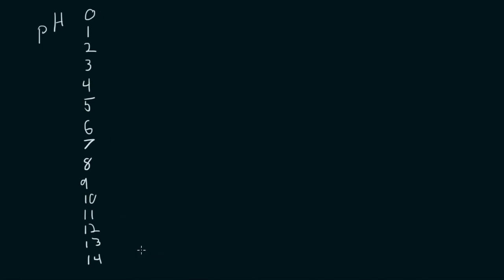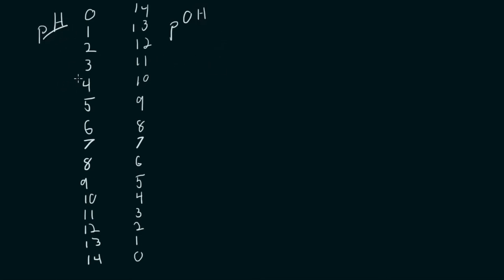And there is a competing scale with that. This competing scale is the pOH scale. Now, pH is a lot more common. Maybe it just had a better marketing campaign, but pOH is still very useful, and we're going to need to be able to use that as well.